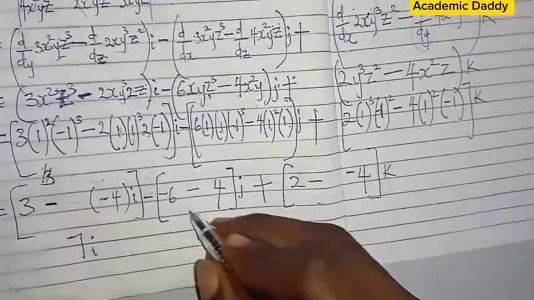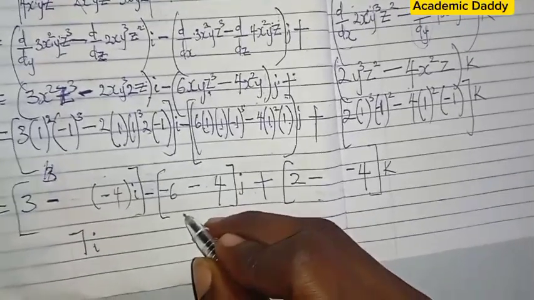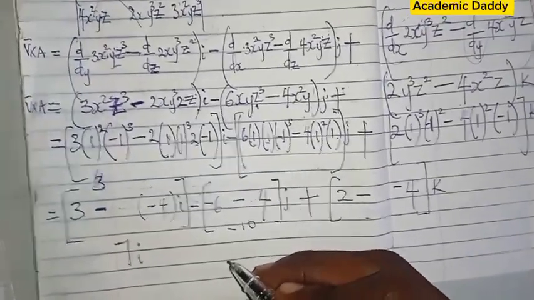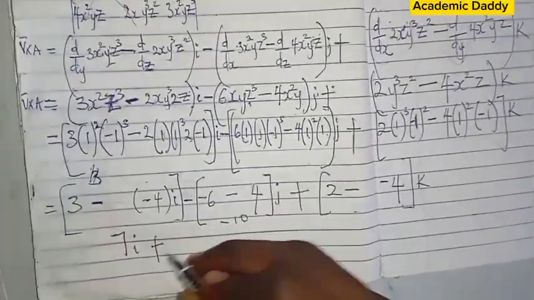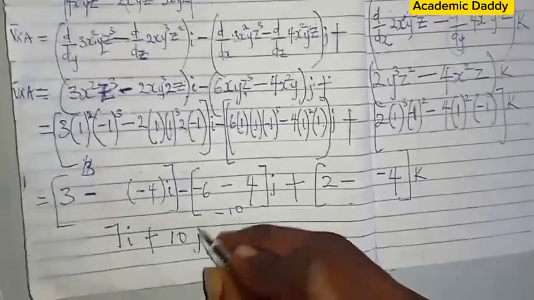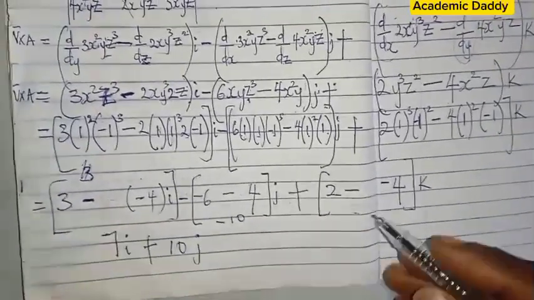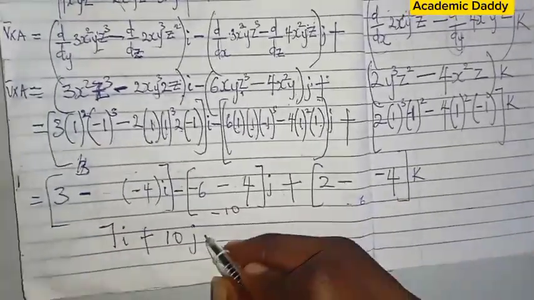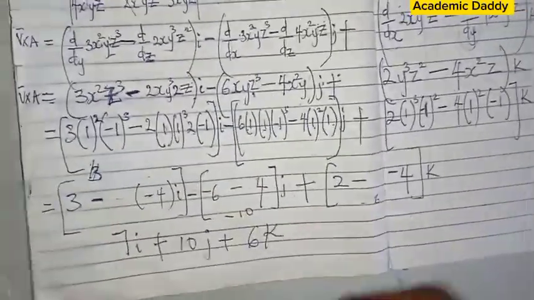Then minus 6 is going to be minus 10. Yes, minus is going to be plus 10j. Then minus is plus, so this is 6, plus 6k.